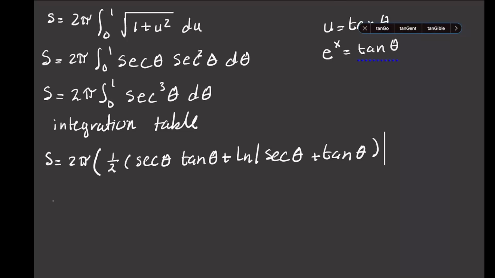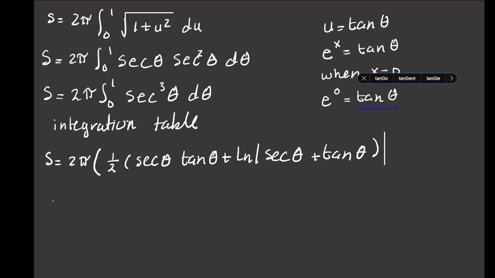Now from here, I am going to find when x is equal to 0, what is my theta? So I input x to be 0, so e to the 0 is equal to tan theta. So now 1 is equal to tan theta, and then using the unit circle we get theta is equal to pi over 4. So that's when x is equal to 0.